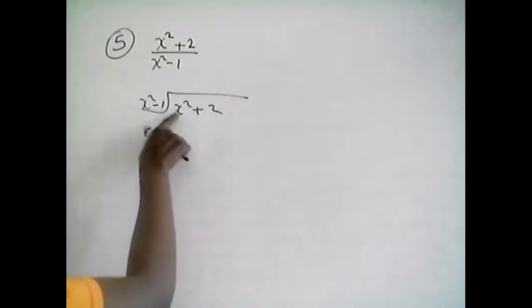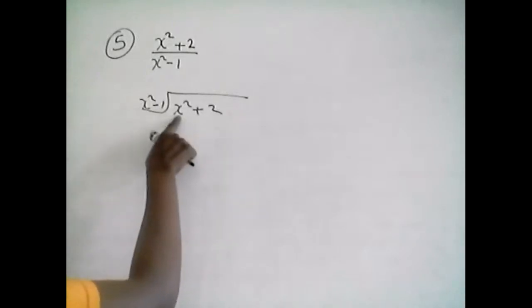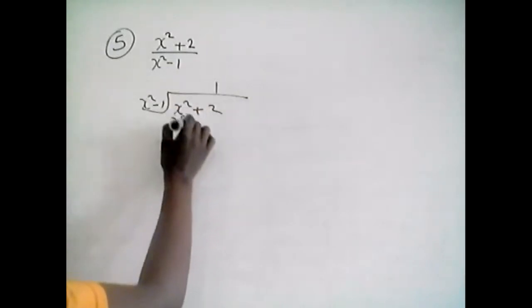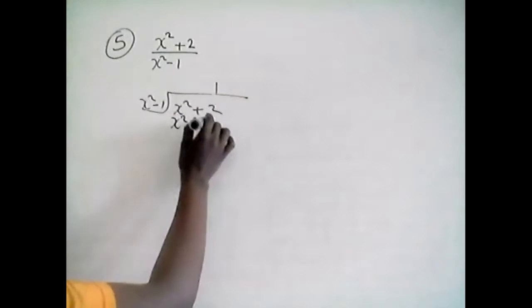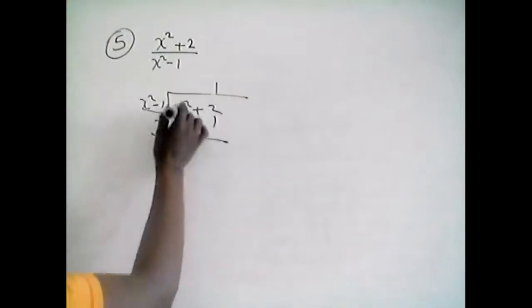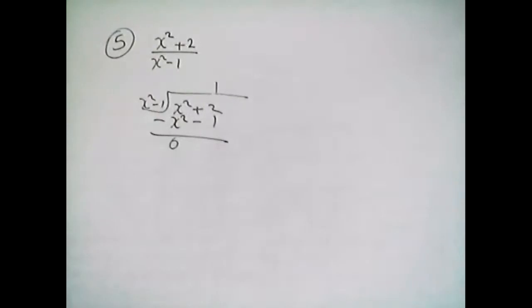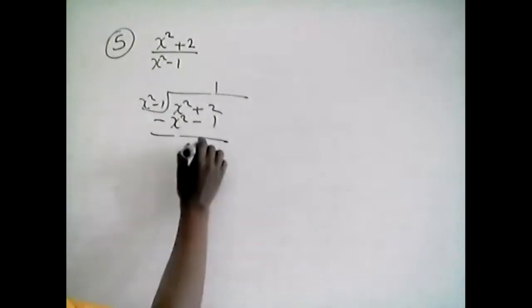So x squared into x squared will give us a 1. This multiplied by this, x squared, this and this is minus 1. This and this will give us a 0. 2 minus minus 1 will give us a 3. So here we're going to get a 3.